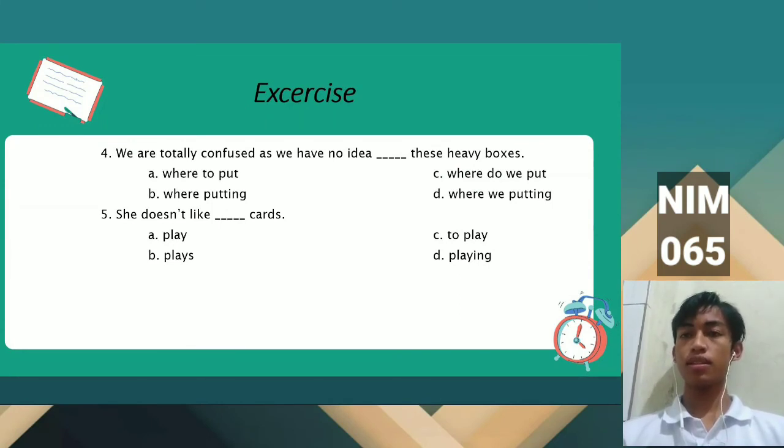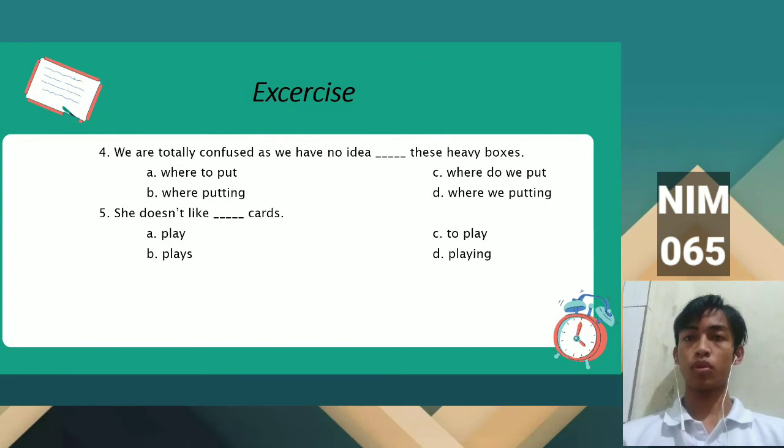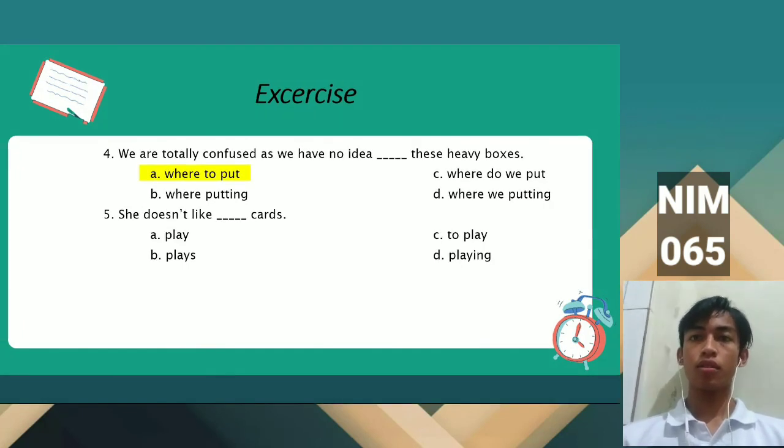Because this is a 5W1H question, the verb must be in the to infinitive form. So the answer is A, where to put. This sentence will be, we are totally confused as we have no idea where to put this heavy box.